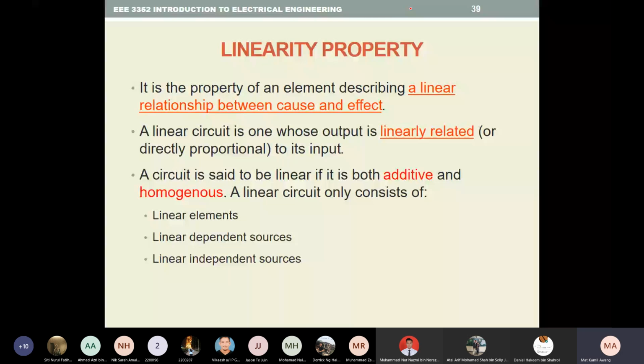A circuit is said to be linear if it is both additive and homogeneous. A linear circuit only consists of linear elements, linear dependent sources, and linear independent sources. Okay, these are the properties.